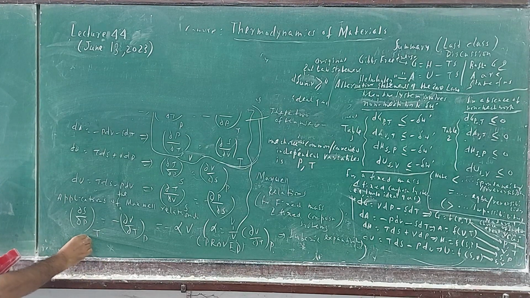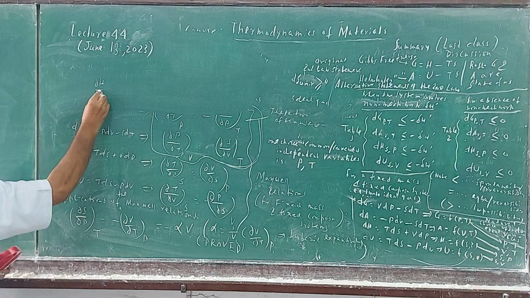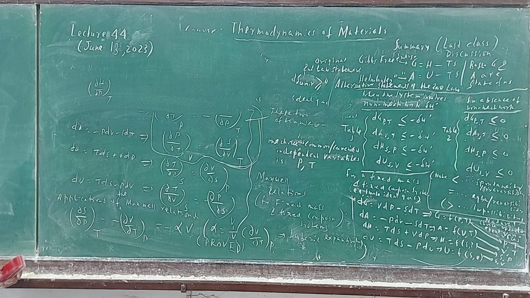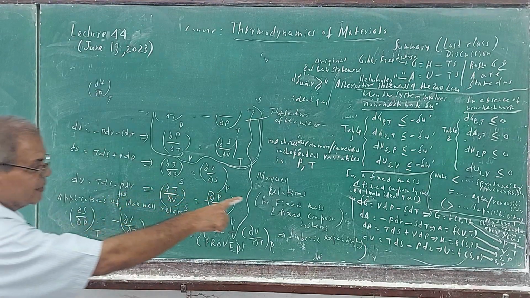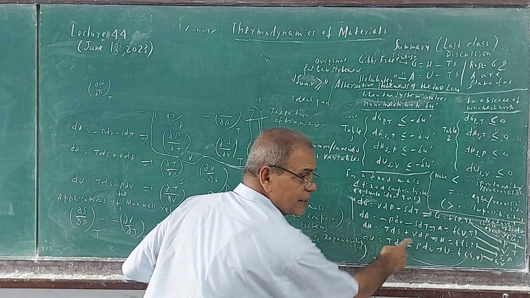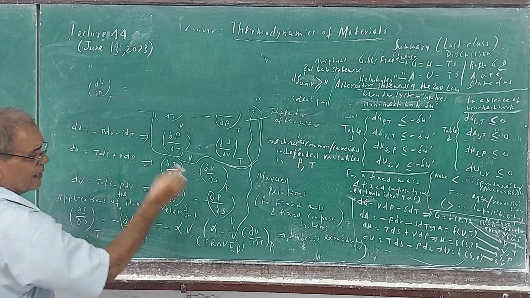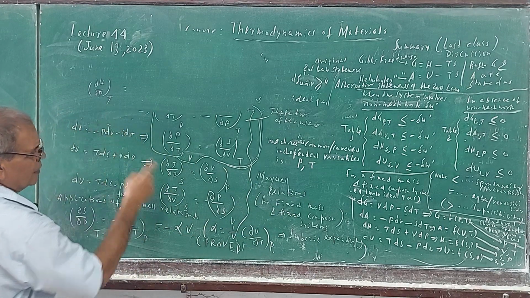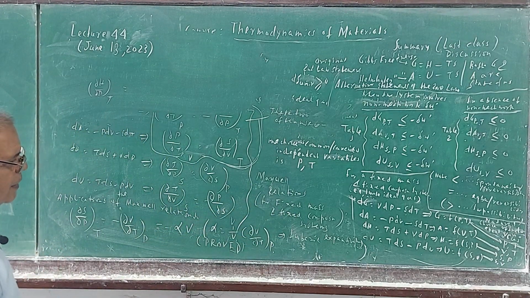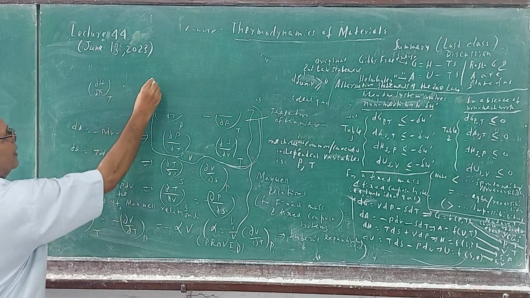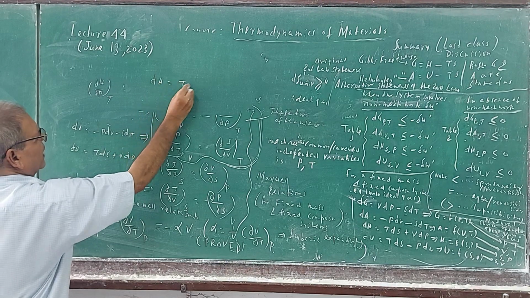Tell me, del S by del P? Del H by del P? Can anyone help me? Stop with this. See here, please check. dH is TdS plus VdP. Follow, I write that equation.